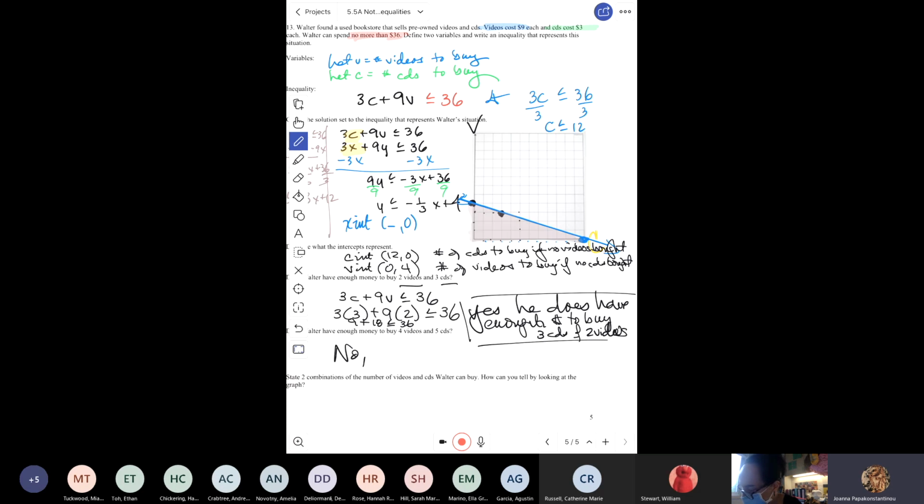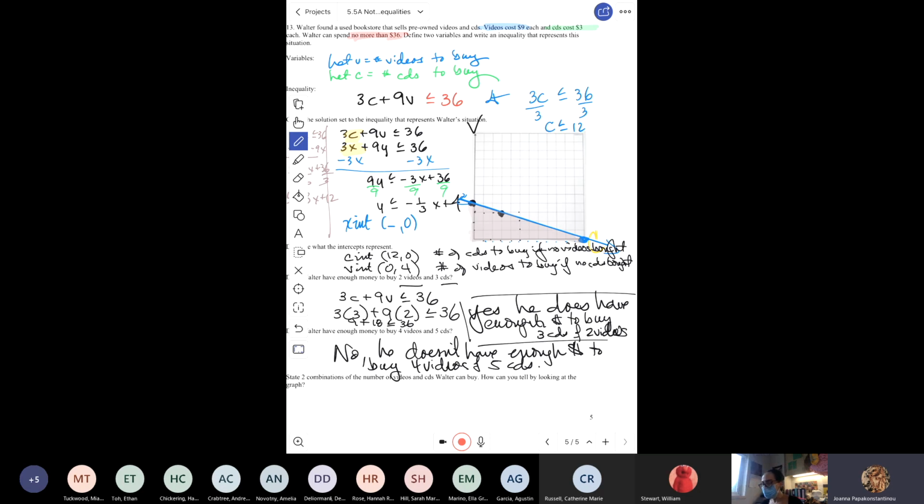So no, he doesn't have enough money, and I'm abbreviating, to buy 4 videos and 5 CDs. He's not in the solution set region. And I could prove that algebraically by substituting into the inequality.